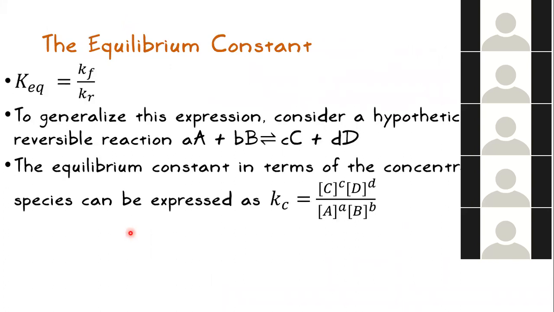So we said that for you to get Kc, you have to find the concentration of product over the concentration of the reactant. So that is using this equation. So this becomes our generalization. That is our working formula.